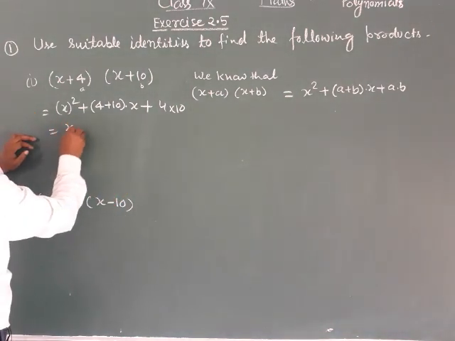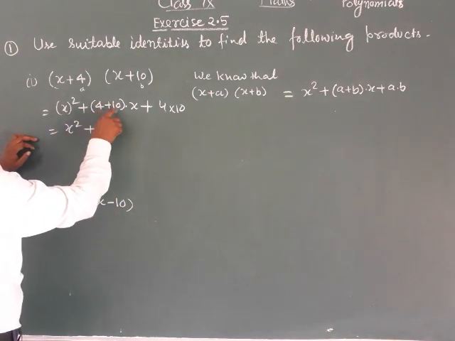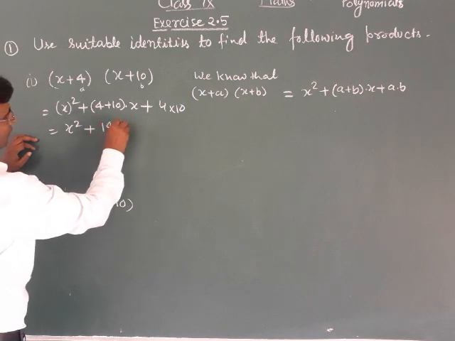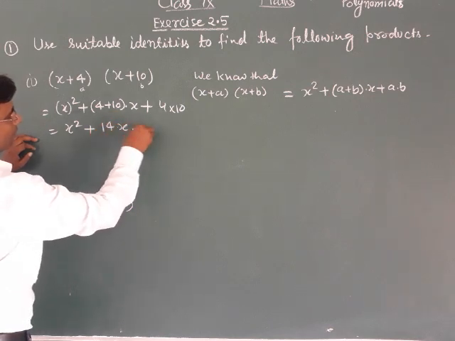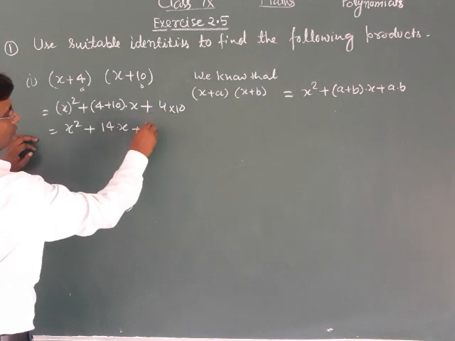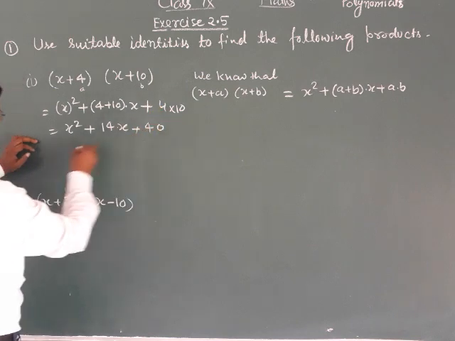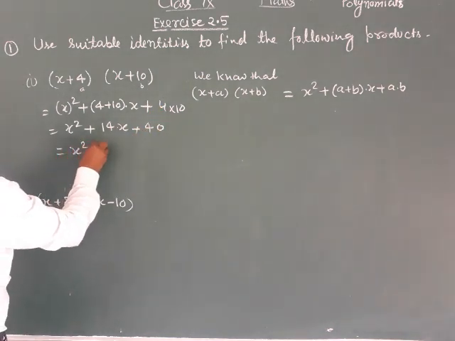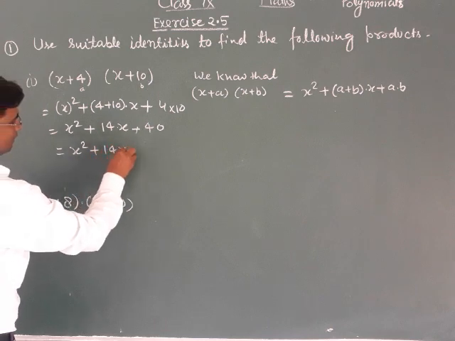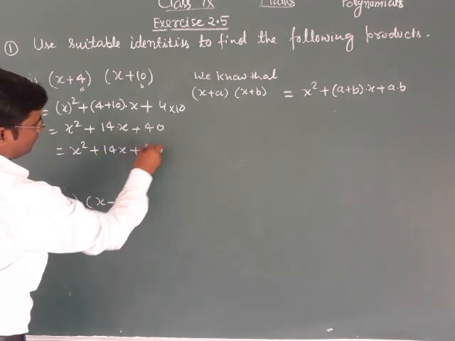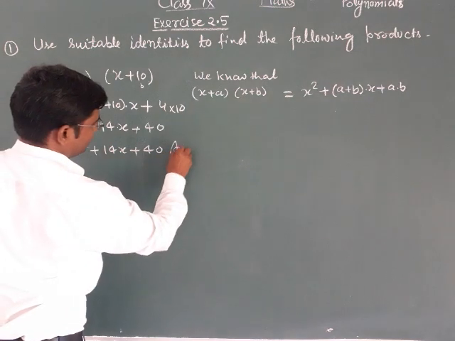So x square plus 14x plus 40, this is the answer.